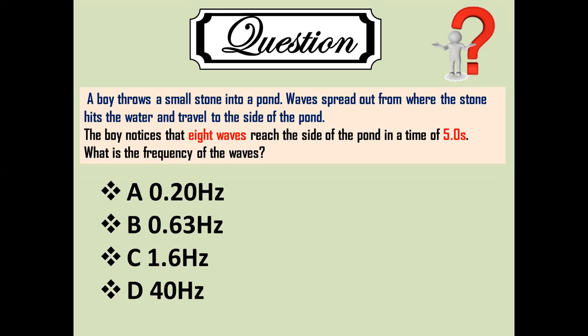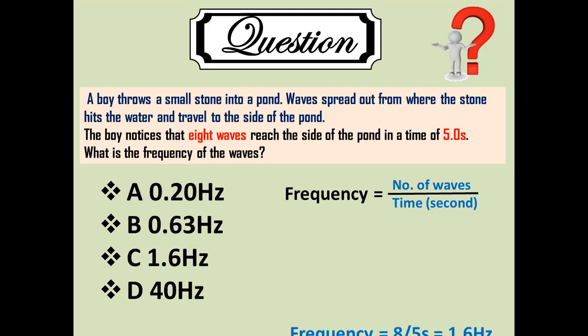Here, two values are important: the number of waves, and the total time, given as 5 seconds. We can calculate the frequency as the number of waves passing through a point in the total time. The total number of waves is 8 per 5 seconds.